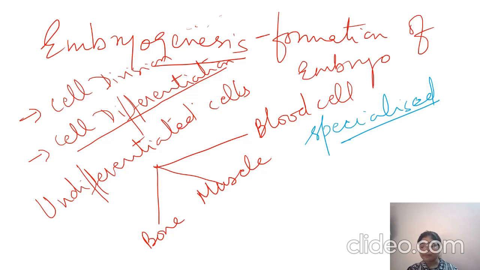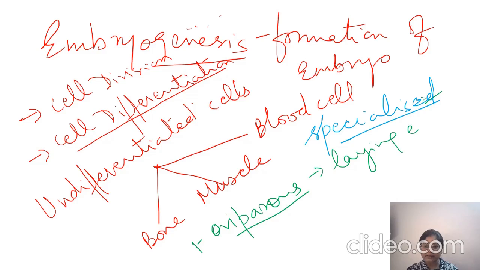Remember that. Now, there are different categories of animals. Some of them are oviparous. Oviparous means they lay eggs, like birds, hens, they lay eggs, isn't it?